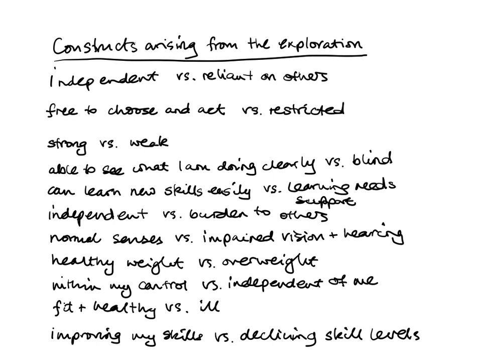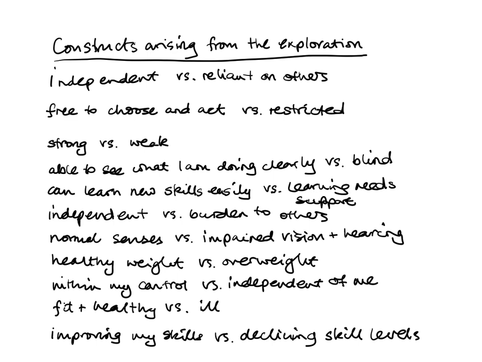So here's the list of constructs: independent versus reliant on others, free to choose and act versus restricted, strong versus weak, able to see what I'm doing clearly versus blind, can learn new skills easily versus learning needs support, independent versus burden to others, normal senses versus impaired vision and hearing, healthy weight versus overweight, within my control versus independent of me, fit and healthy versus ill, improving my skills versus declining skill levels.